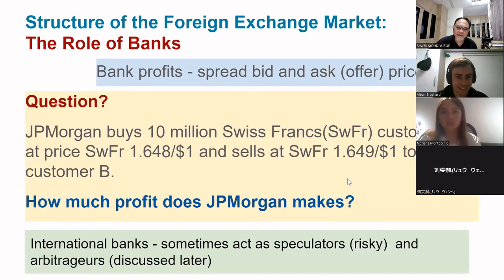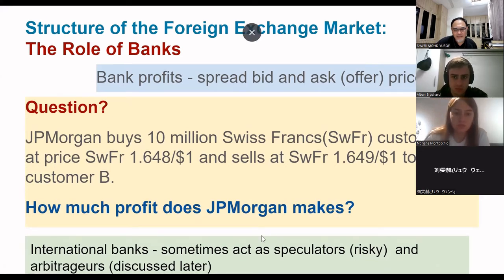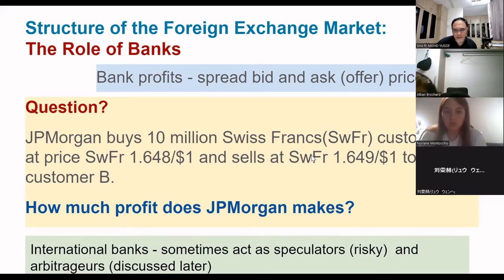Yeah, currency trading is common. Not very common, but people have to do it. In fact, banks sometimes act as speculators. They actually buy and sell and make money out of it. Even governments also buy and sell currencies and try to profit from currency trading.